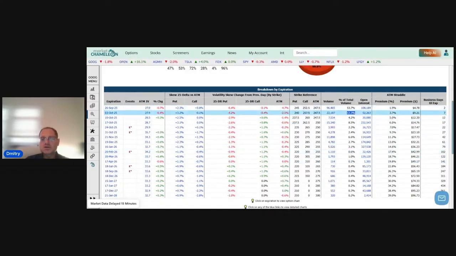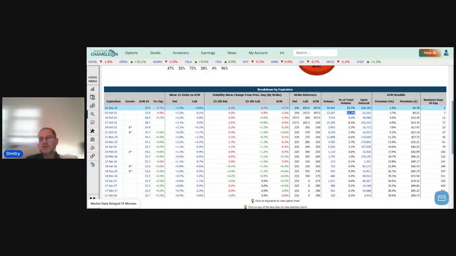So if anything, and that's probably something that you typically see, most of the volume is in the shorter dated options. That's how traders have been using options. If we look at other even similar type of securities from day to day, sometimes you'll see something different. So here, we do get a breakdown.